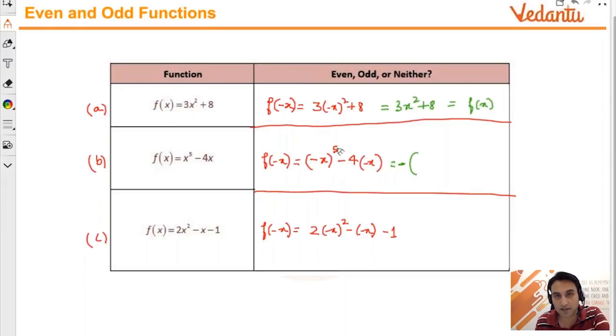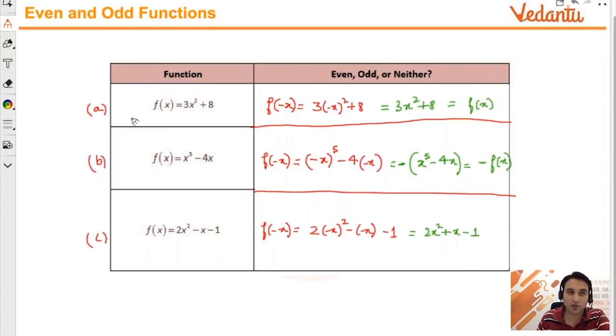Because minus x to the power 5 is minus outside x to the power 5, similarly minus 4x. Can you write this as minus of f x? This is 2x squared plus x minus 1. It is neither f of x nor f of minus x.